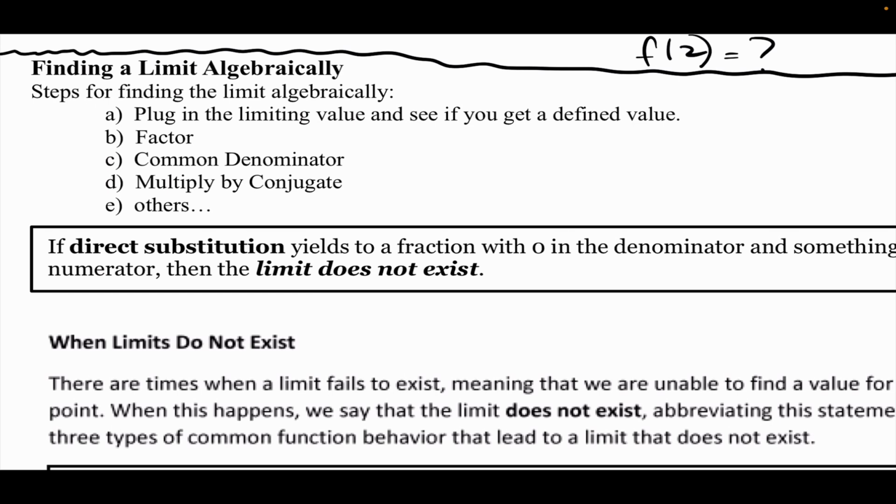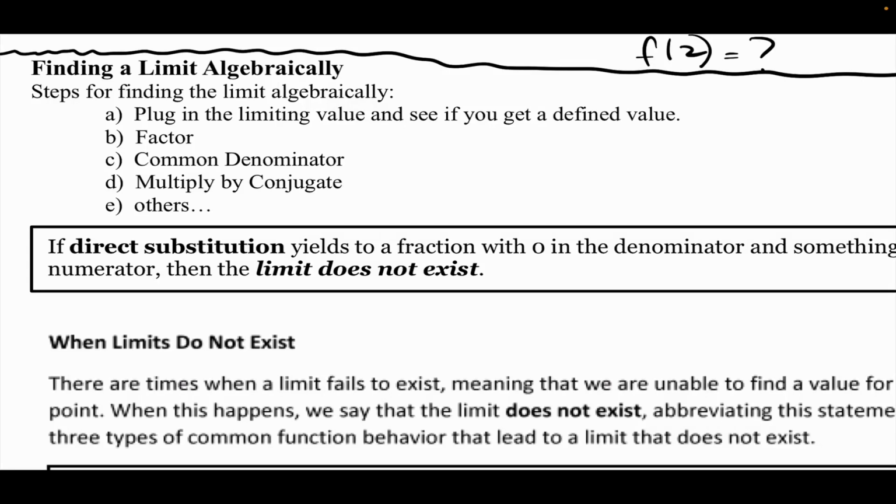You've done factoring before. You've done it in Math 2 and Math 3. I'll show you an example because I don't want to confuse you anymore with factoring. Common denominator, if you need to add two fractions together or subtract two fractions, common denominator, multiply by the conjugate. A conjugate I'll show you an example of, or others.